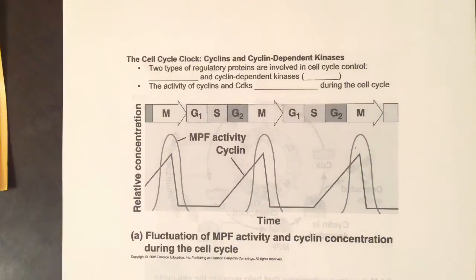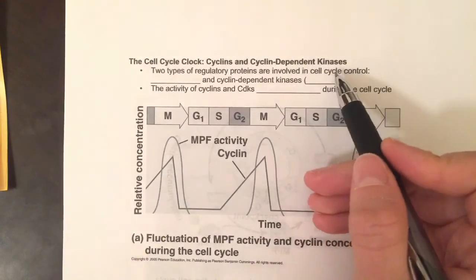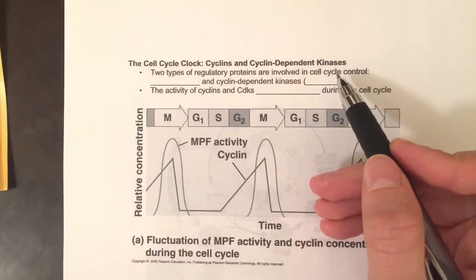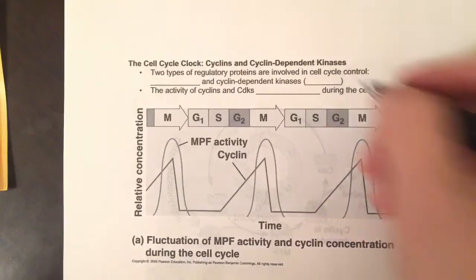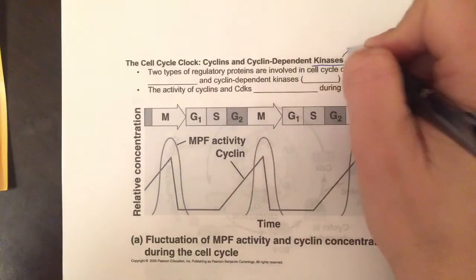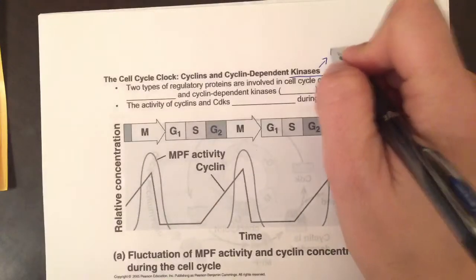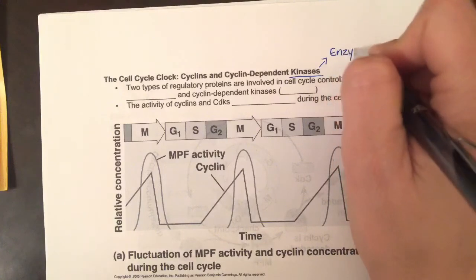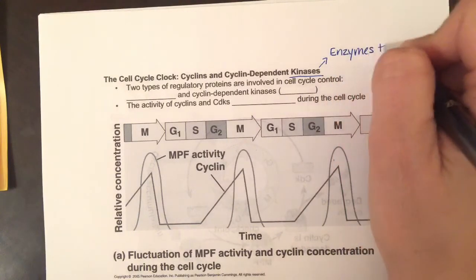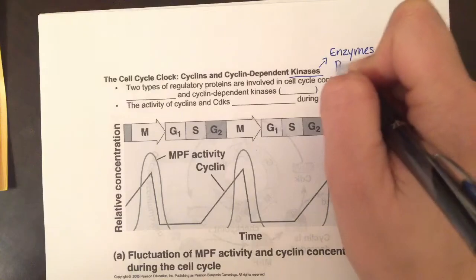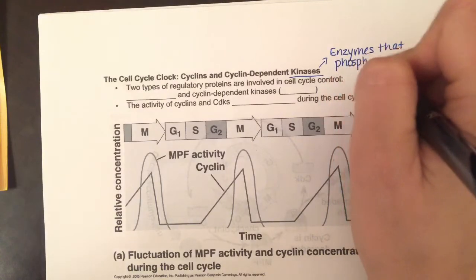That word kinase should seem familiar. The ending -ase means it's an enzyme, right? And kinases, remember what they do? They phosphorylate. Remember that these were enzymes, if you recall from chapter 11, that phosphorylate a molecule.